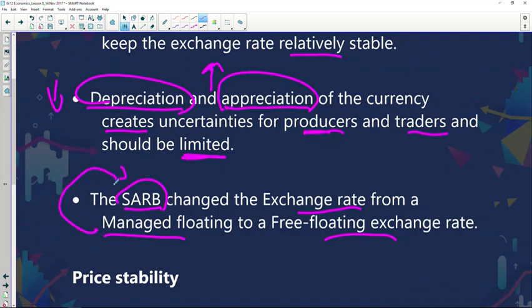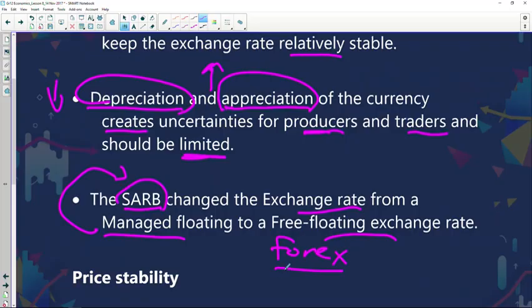In South Africa, our central bank is the South African Reserve Bank, so they would try and influence the exchange rate by purchasing and also selling currencies at the same time.